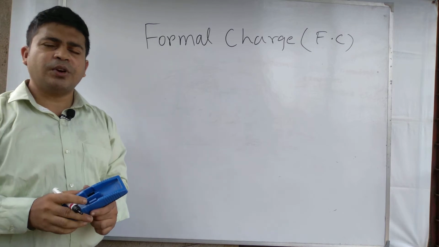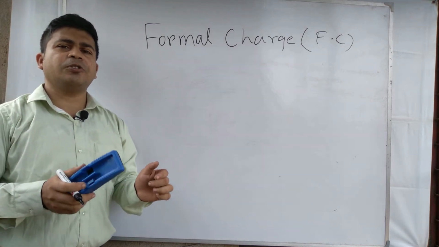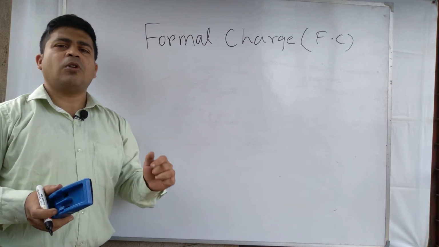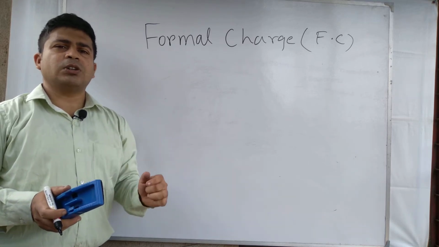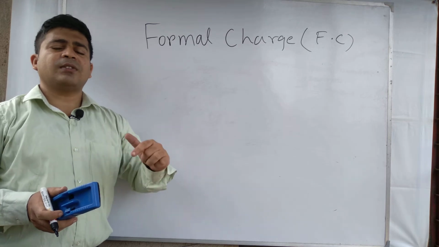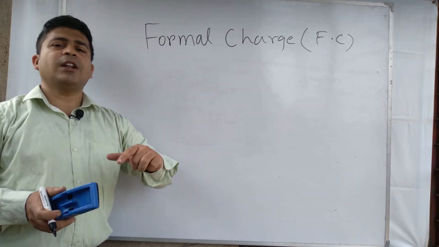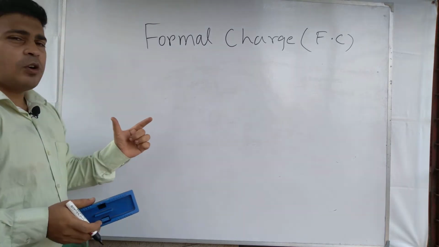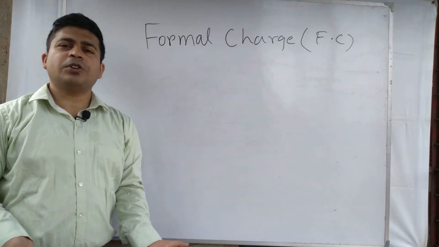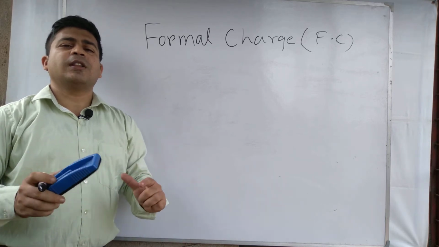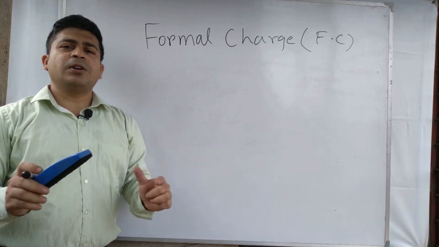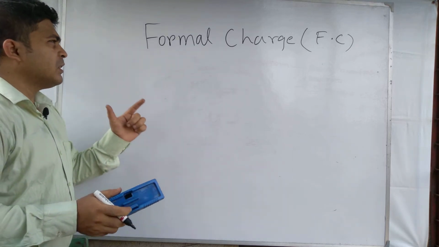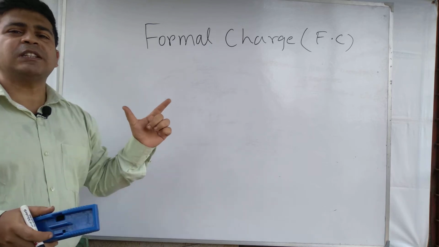Formal charge is the difference between the number of electrons in the free, isolated atom and the number of electrons in the Lewis dot structure. If we take the difference of these two factors, we get the number called formal charge.